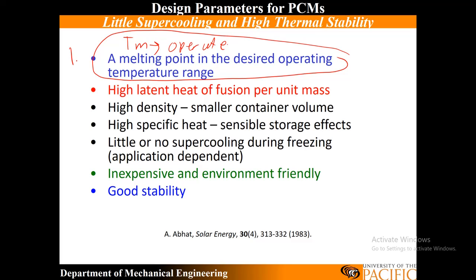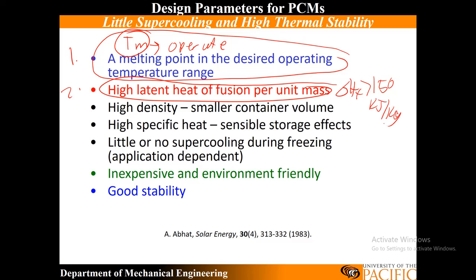The whole point of a PCM material is to regulate temperature, to keep temperature at a specific value, and that operating temperature is dictated by the melting. So this is our most important property here. Probably the second most important property is high latent heat of fusion. So we want a delta HF that's greater than 150 kilojoules per kilogram. That's one of our key parameters here.